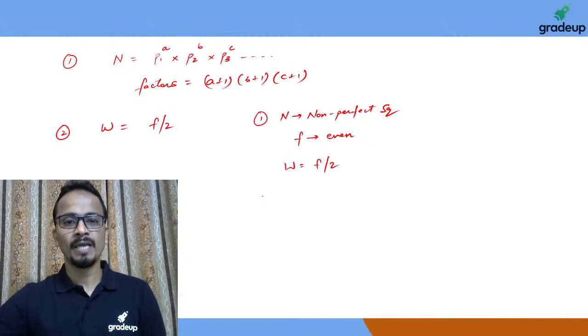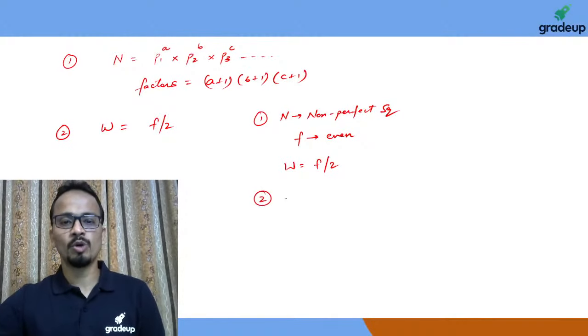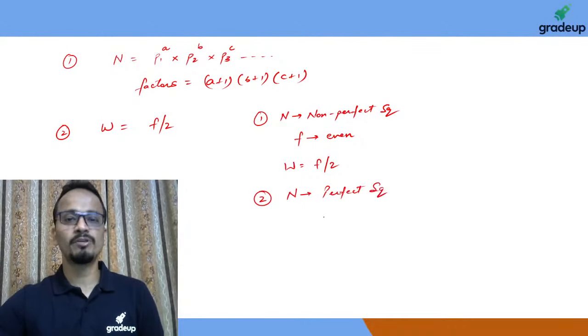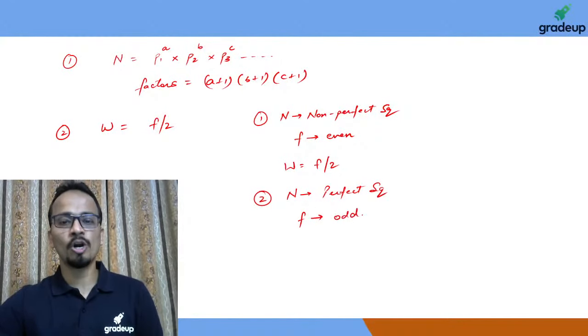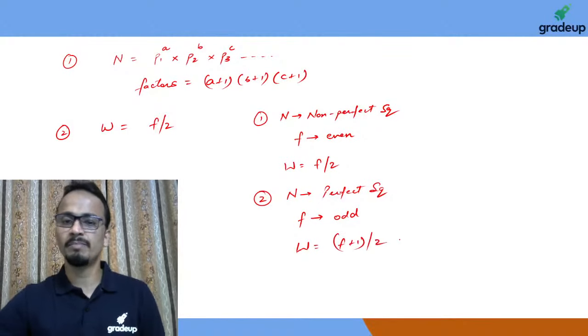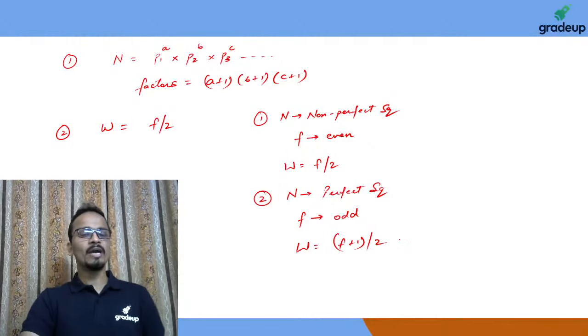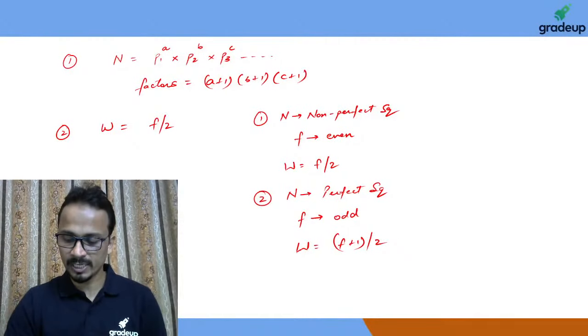The second version of this formula was when the number is a perfect square. In this case the number of factors will be an odd number, and the number of ways can be written as (number of factors plus 1) whole divided by 2. I hope all of you remember all these things.